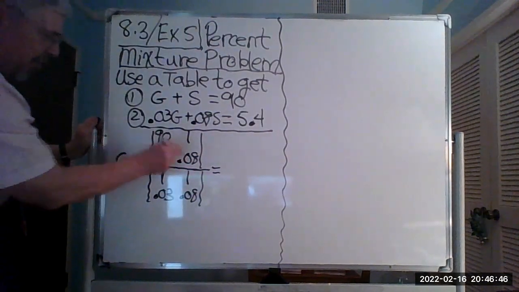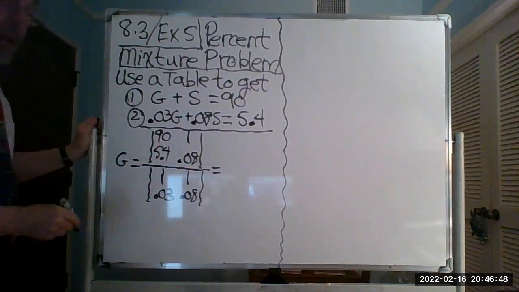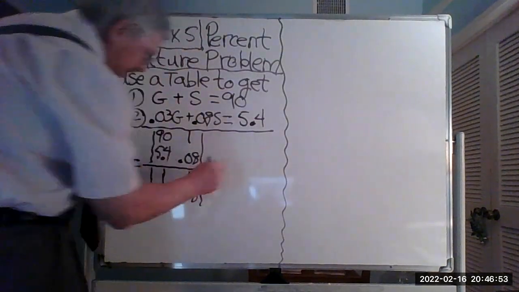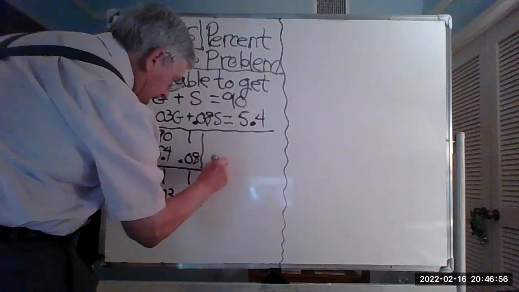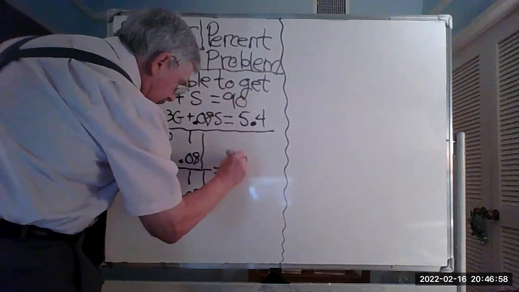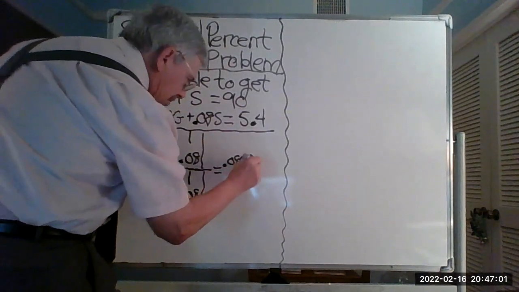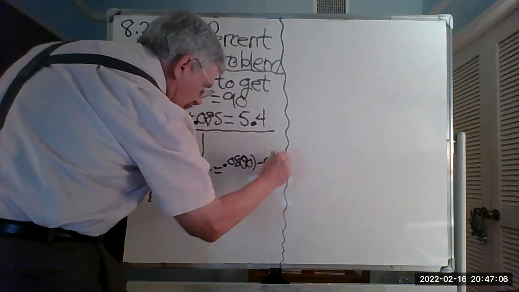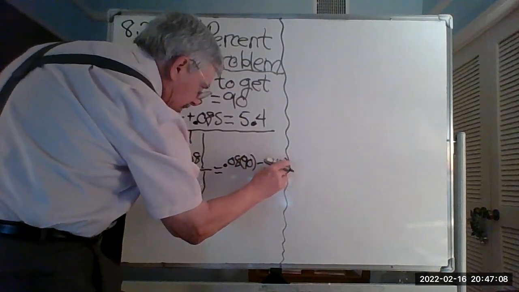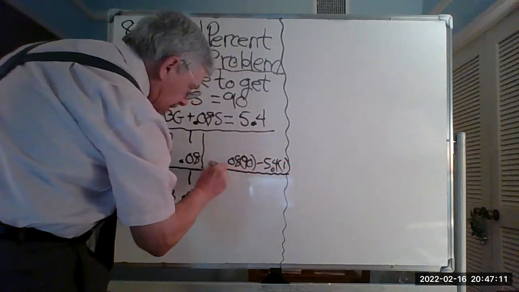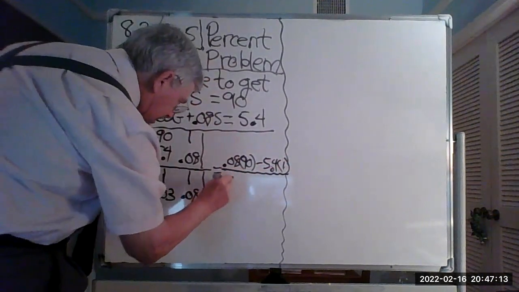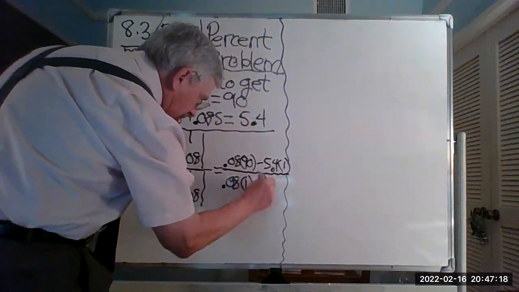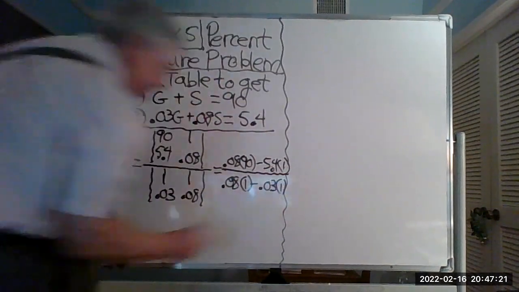Okay, so 0.08 times 90 is 7.2. I'll put everything in here. So I go 0.08 times 90 minus 5.4 times 1, all over 0.08 times 1 minus 0.03 times 1.